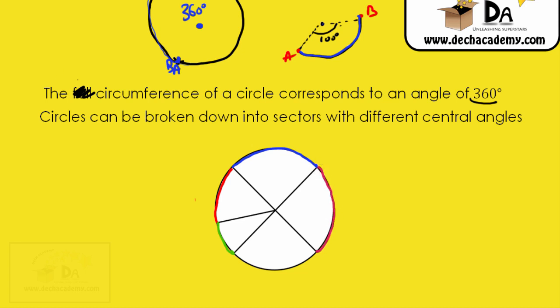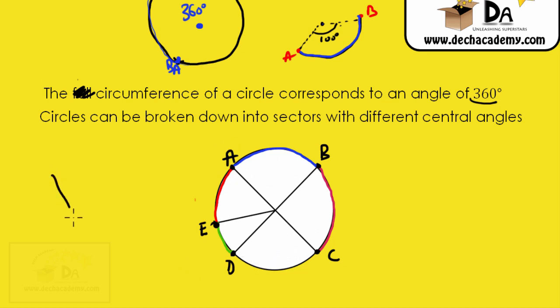So I'm going to label the ends of the arcs. I have an arc from point A to point B. I have an arc from point B to point C. I have an arc from point C to point D. So that's this arc in black. And I have an arc from point D to point E. And this red arc from point E to A. So I have a number of arcs here.